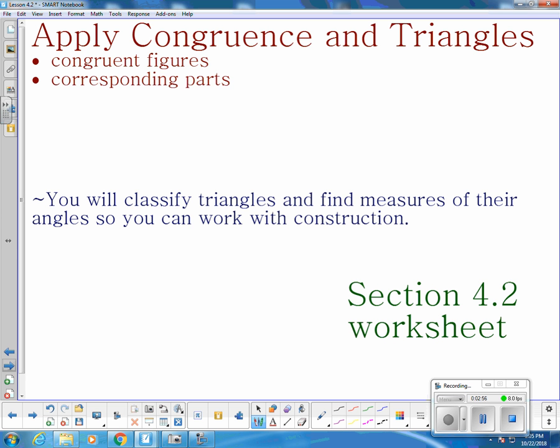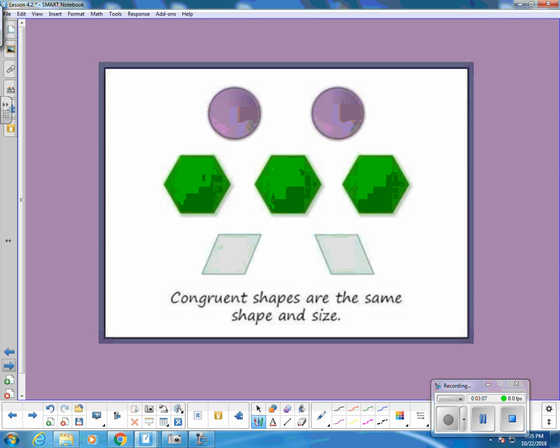You can pair them all up. Okay? So, these are congruent figures. They're exactly the same size and shape. They may be rotated or reflected from one another, but they're the same size. You could overlay them and rotate them so they're exactly the same.